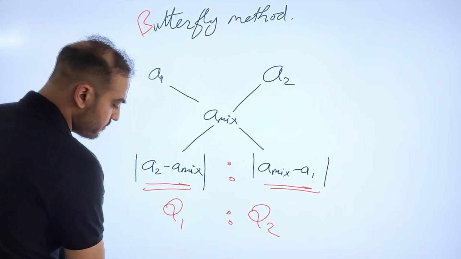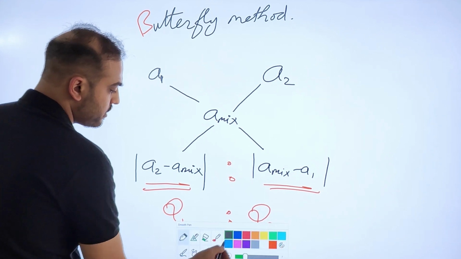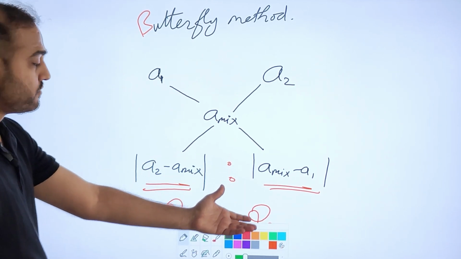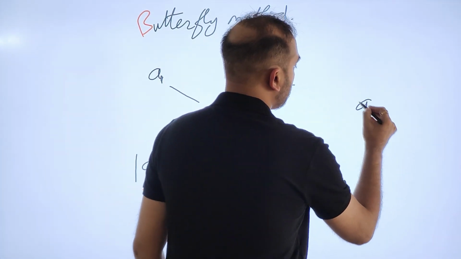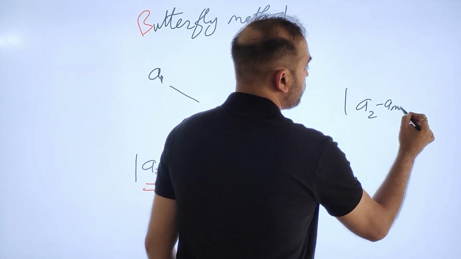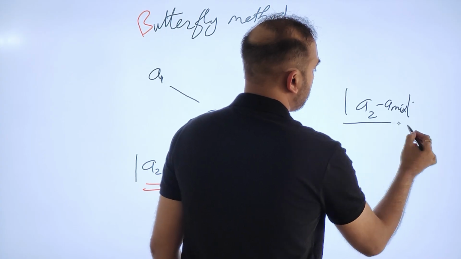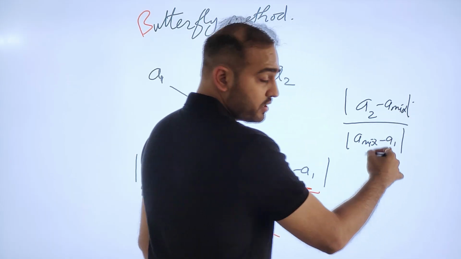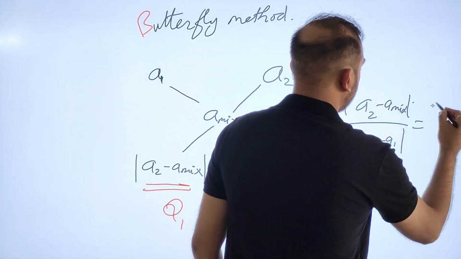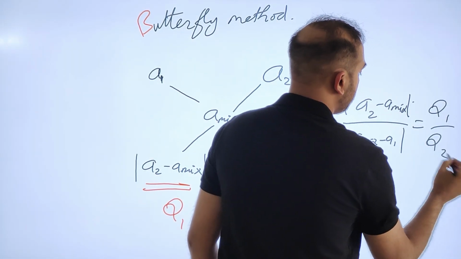So this is where the formula comes from. Now you just write this as a formula: A2 minus A mix, by modulus A mix minus A1, ratio is the quantity ratio.